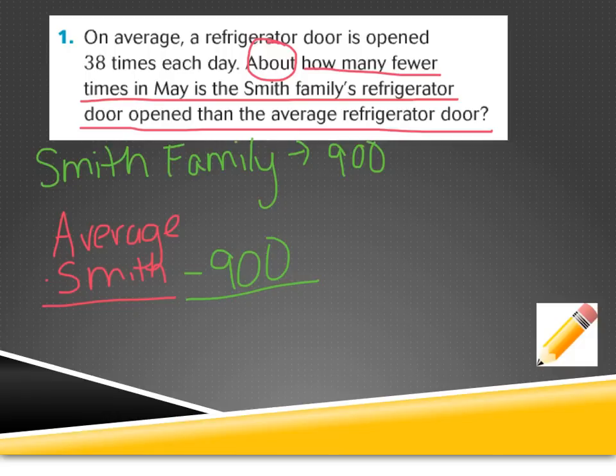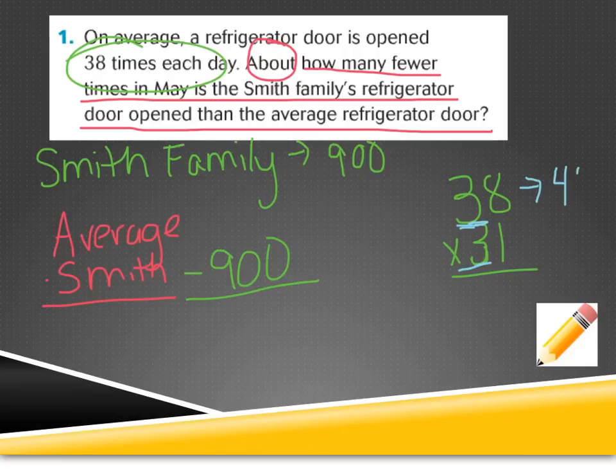The problem tells me that door was opened about 38 times each day. That means I would multiply 38 times the total number of days in May, which was 31, to find this answer. Using my method of rounding, I could round both of those numbers to the nearest 10. 38 is going to round to 40, and 31 is still going to round to 30.